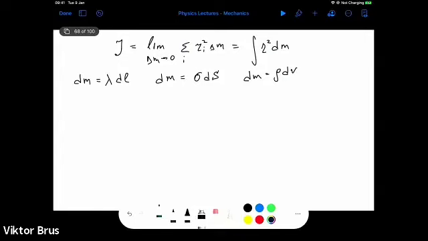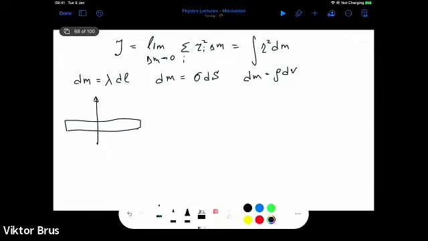Okay, so let us first consider a one-dimensional case. Actually, we don't need this y-axis, but it doesn't matter. So let's consider some rod.